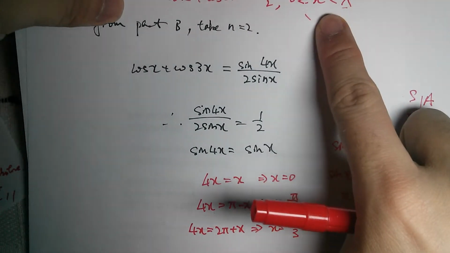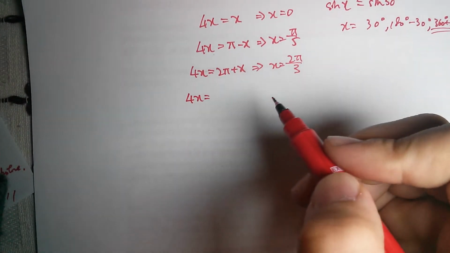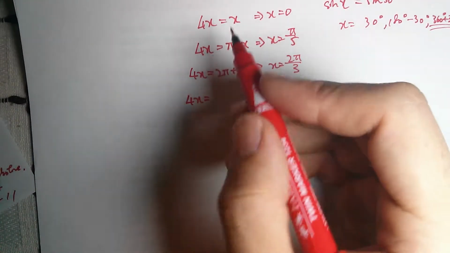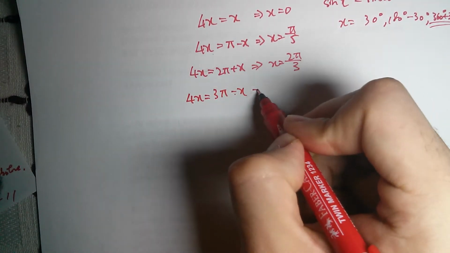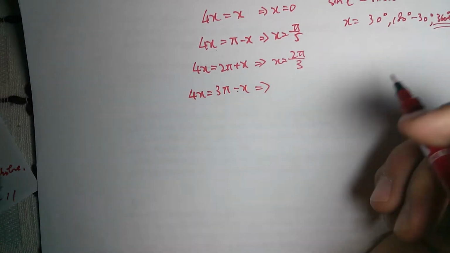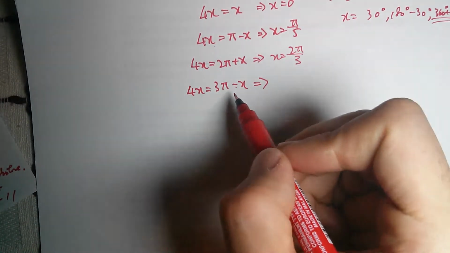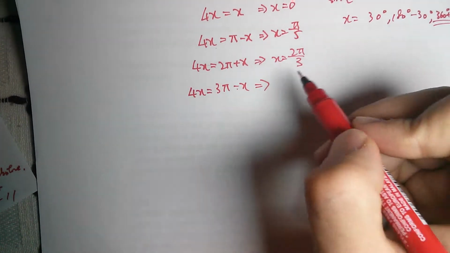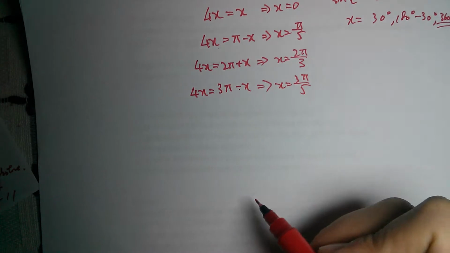Seems that this is still inside the range. So you really want to keep trying until you get something out of range. So if you add 2 pi to this, it is 3 pi minus x, which gives me x being 3 pi over 5.